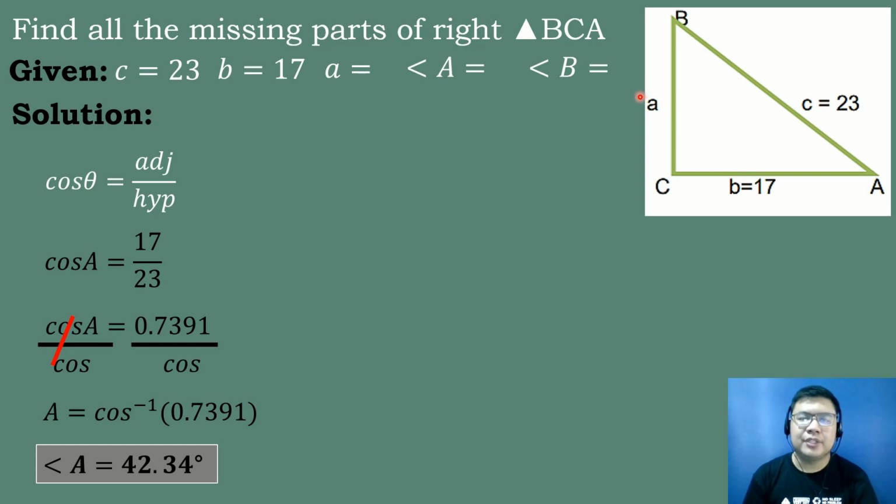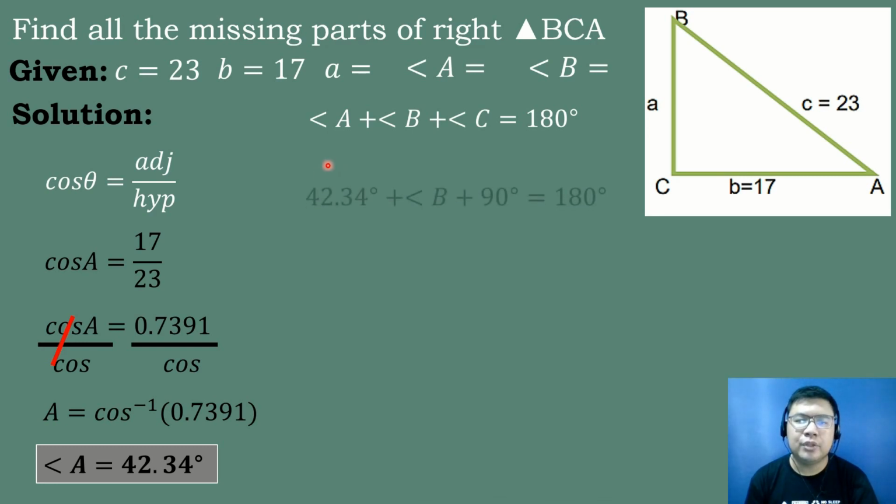The sum of the three angles of the triangle is equal to 180 degrees. So we have angle A plus angle B plus angle C is equal to 180 degrees. Substituting the corresponding value, angle A will be equal to 42.34 degrees plus angle B, which is unknown, plus angle C, which is equal to 90 degrees, equals 180 degrees.